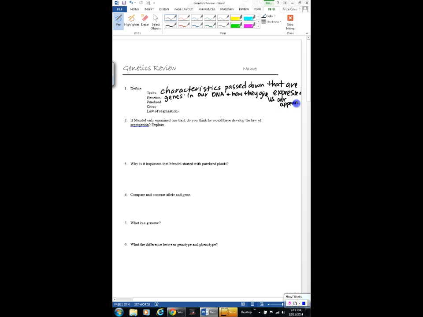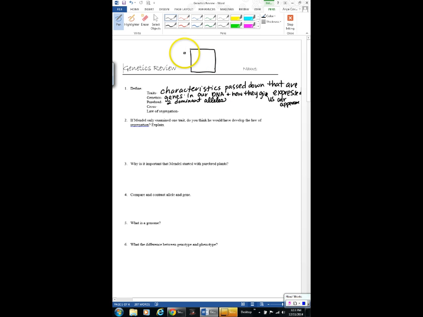All right. Purebred. You hear of purebred horses or purebred dogs, and this is when you have two dominant alleles. So no matter what, we know that we're going to be getting a dominant gene.